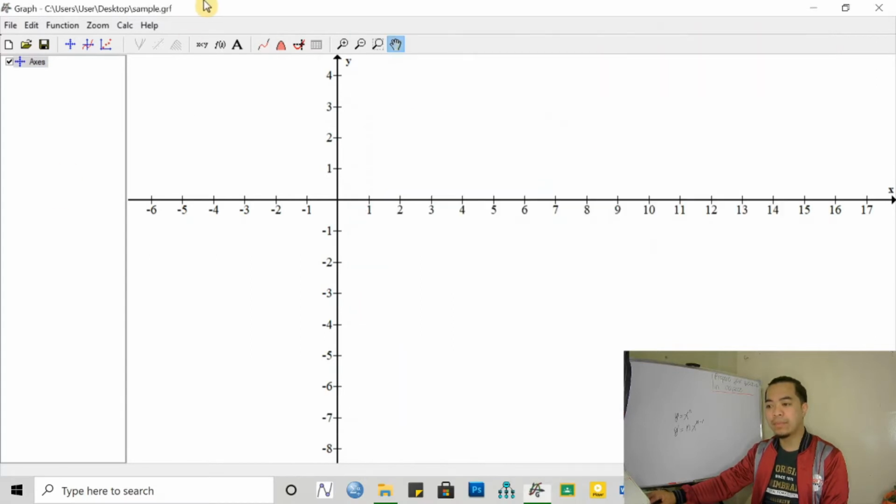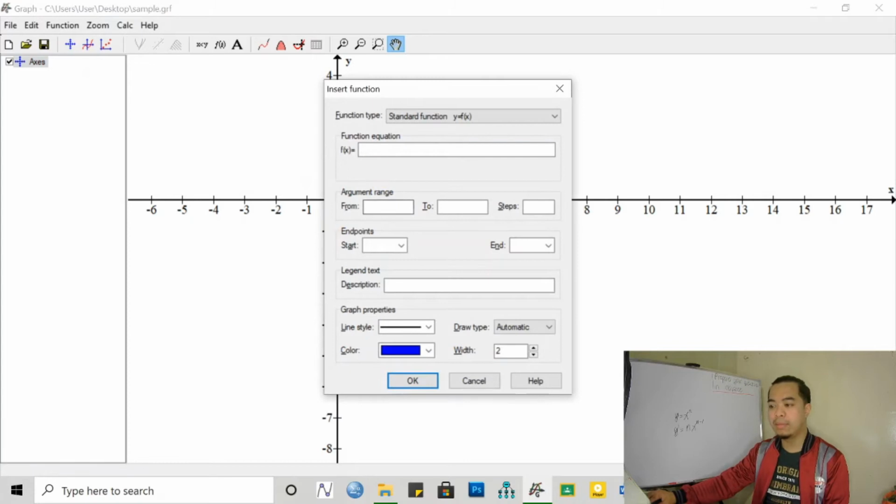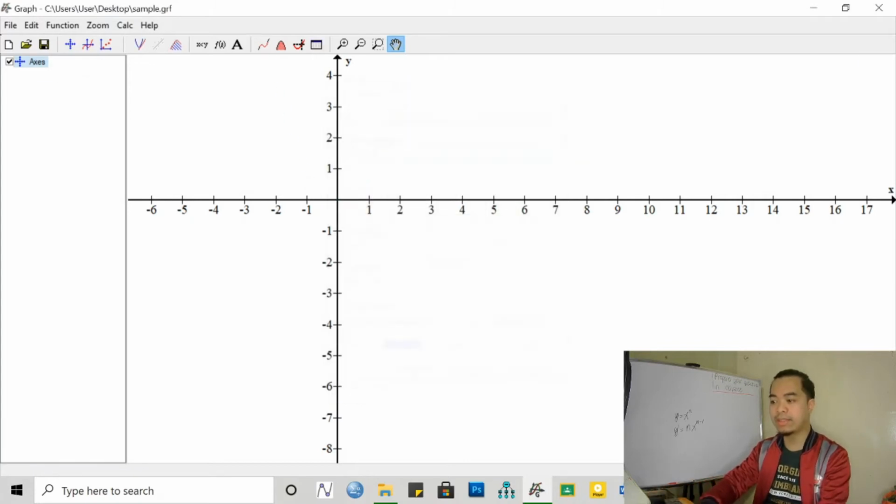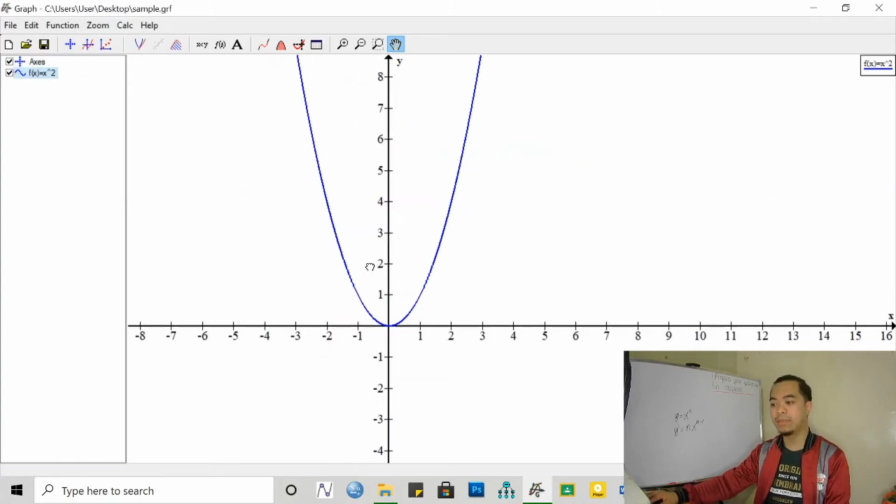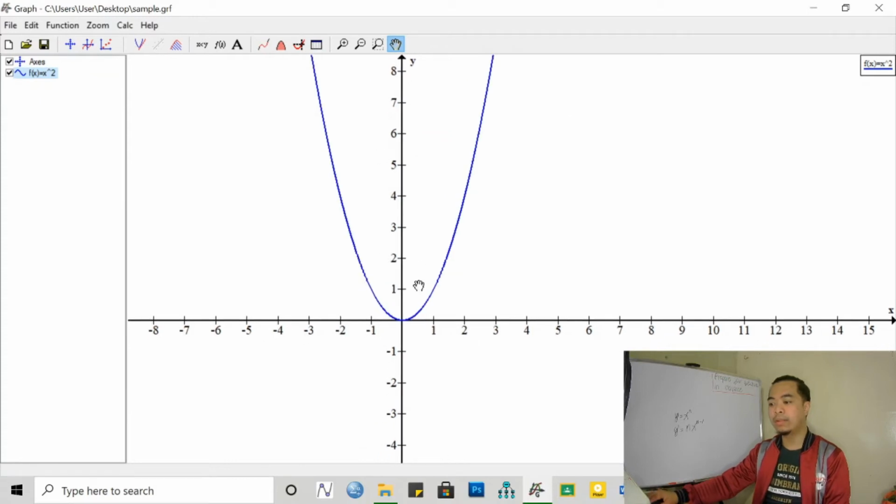So meaning, let me graph that function first so we can imagine better. So the function is x squared. So this is the function. And we want to compute the path, the portion of the graph, not the entire graph, but from 1 to 3 only. That's what's given in the problem.